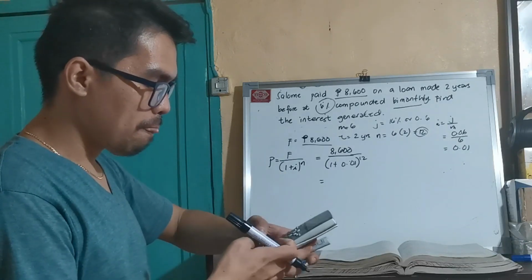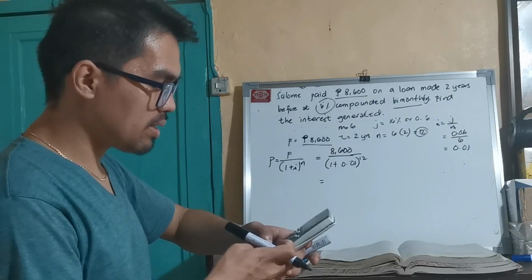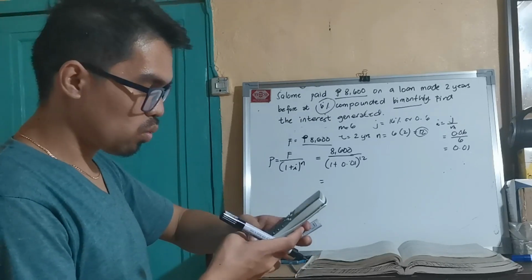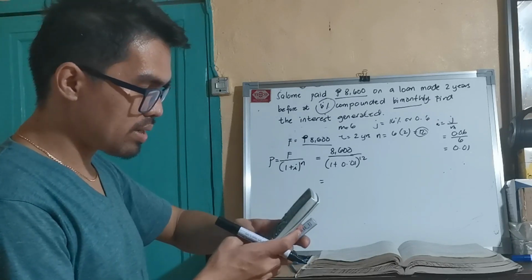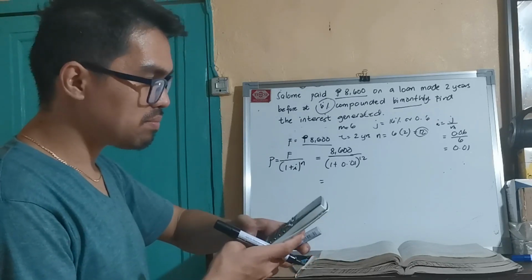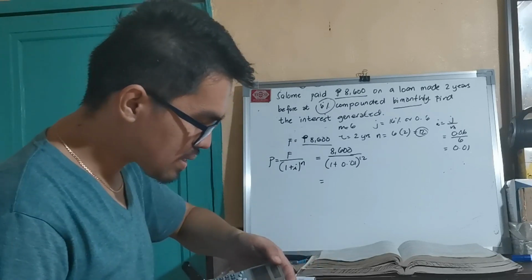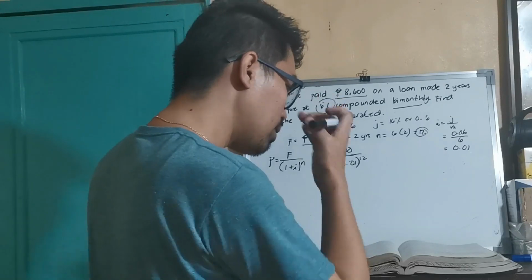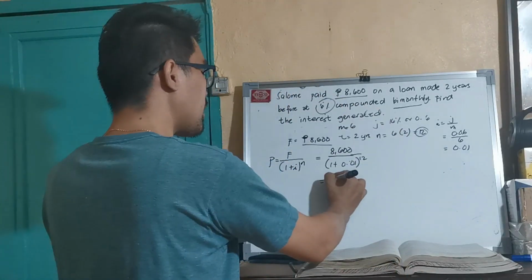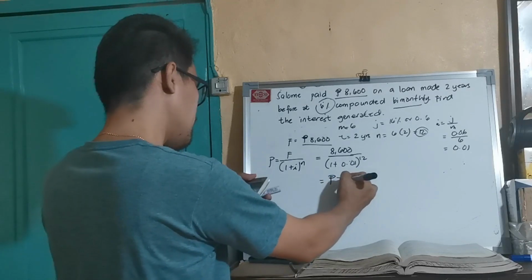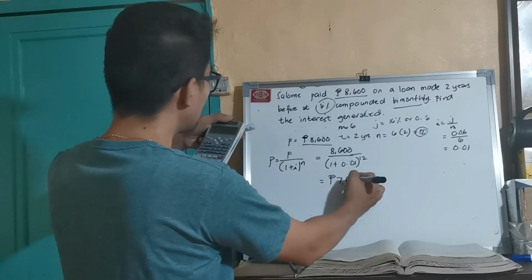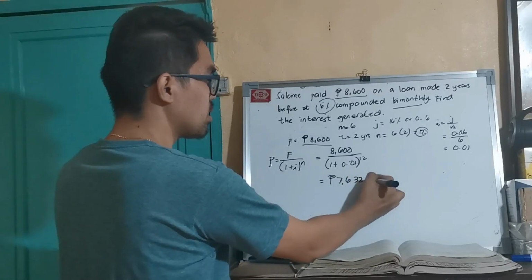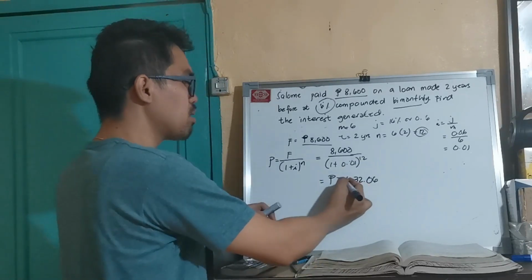That is 8,600 divided by 1 plus 0.01 raised to the power of 12. That is 7,632.06. So this is the principal amount.